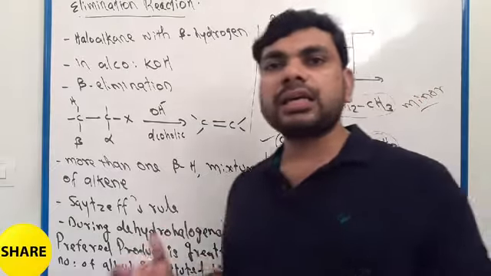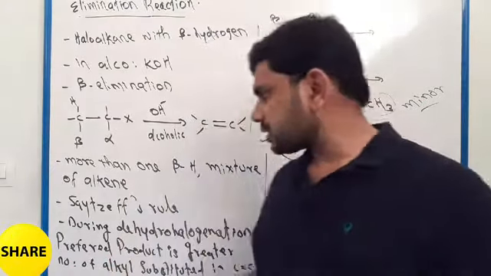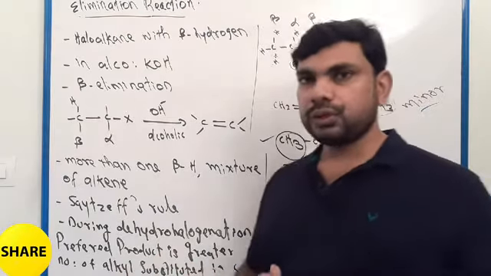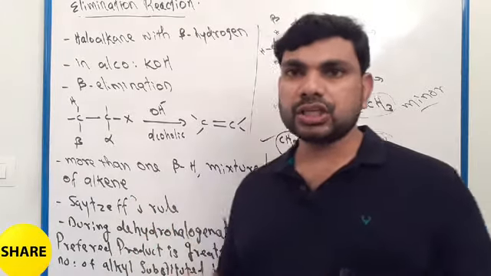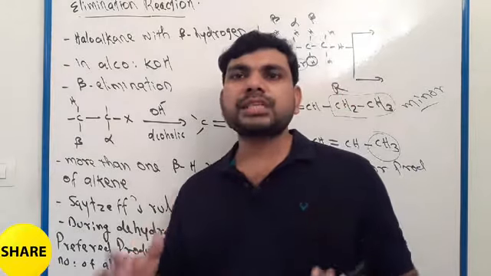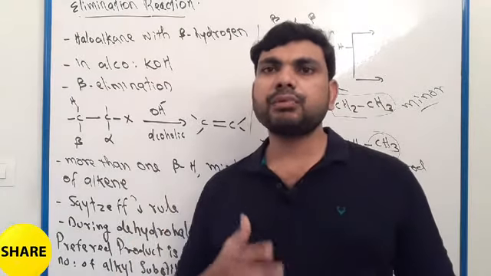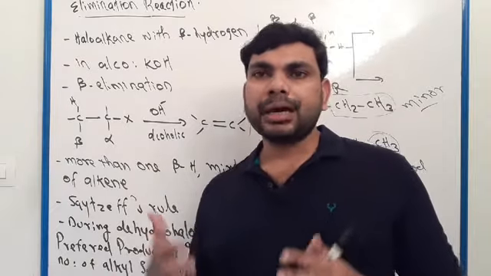Such an alkene will be the major product. That is Saytzeff's rule. According to Saytzeff's rule, during dehydrohalogenation, the product formed with more alkyl groups substituted on the alkene will be the major product, and the other will be the minor product.